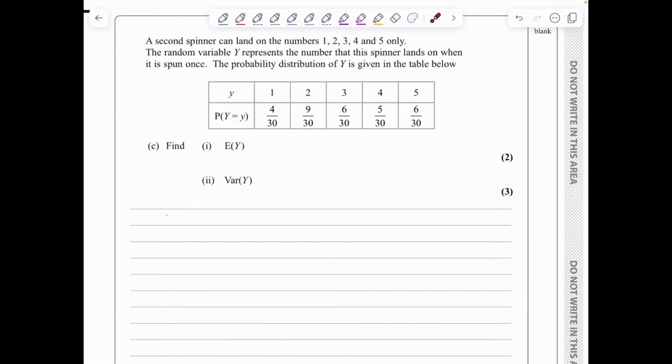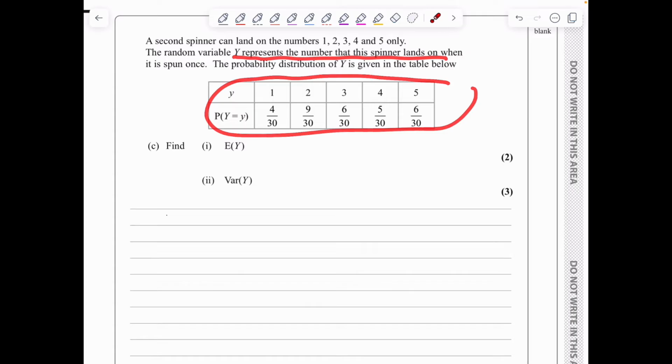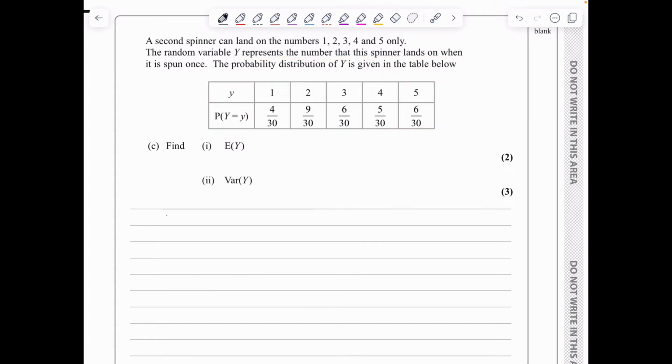We then have a second spinner that can land on the numbers 1, 2, 3, 4, and 5 only. The random variable y represents the number that this spinner lands on, and this is the probability distribution of y. We need to find the expectation and the variance of y, so we will do pretty much exactly what we did in the previous part.